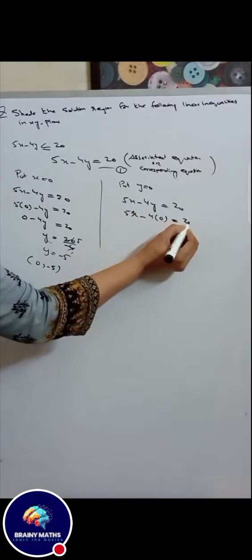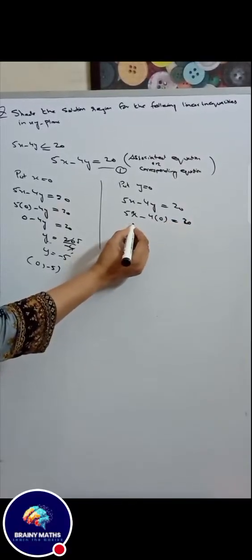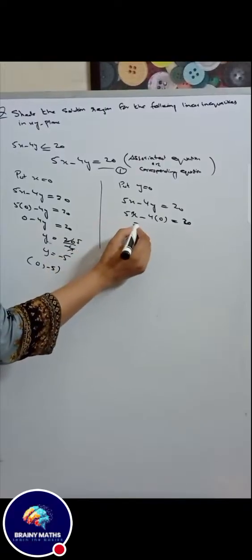Now next, put y equals to 0. So 5x minus 4y equals 20. 5x will remain the same. Minus 4, what is y? 0 equals 20. Alright. 5x minus 0 equals 20.